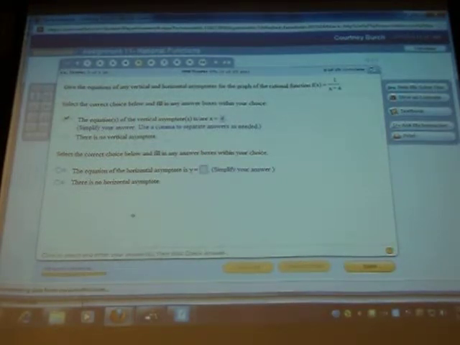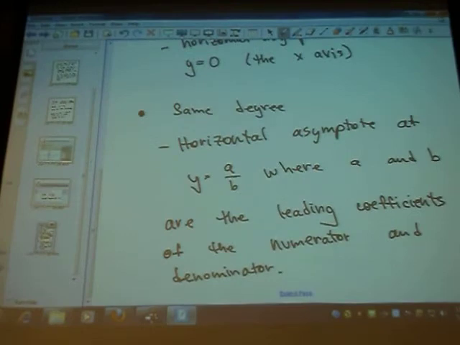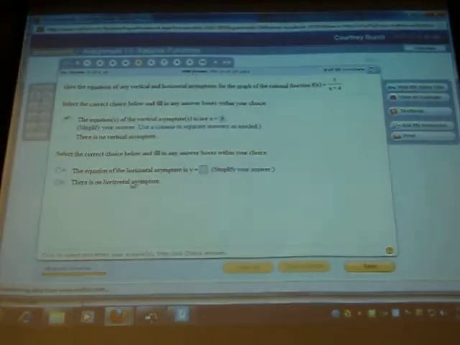If I've got 1 over x minus 4, I have a higher degree in the denominator. If I have a higher degree in the denominator, then my horizontal asymptote is 0. Always 0. So you just have to know those rules for that.